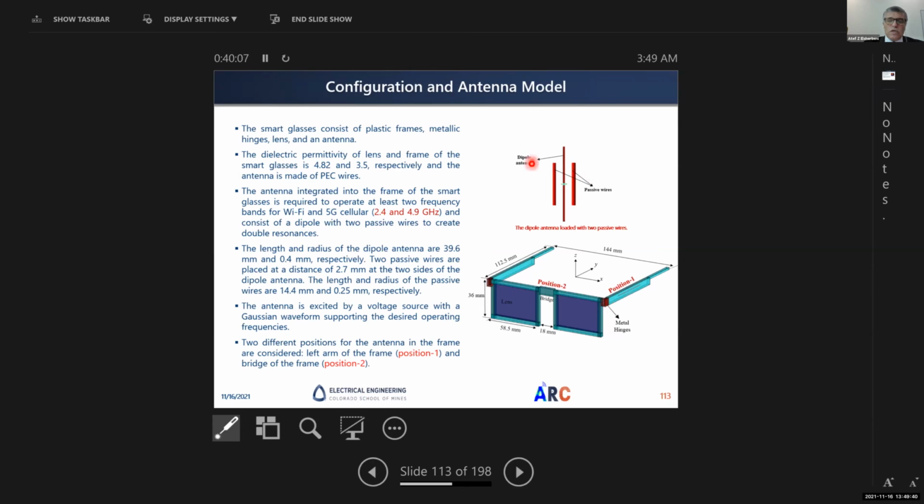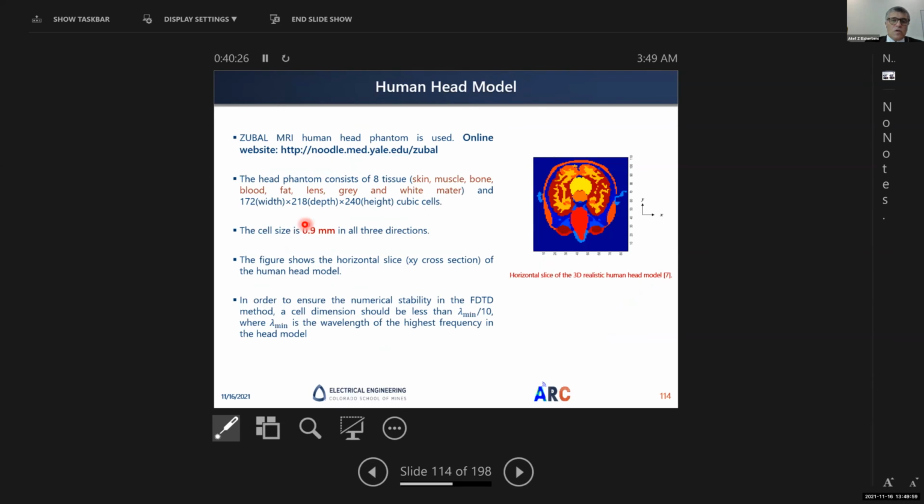And we generated this kind of antenna that works at 2.4 and 4.9 gigahertz, supporting Wi-Fi and 5G cellular operation frequency. And we put them one time in position 2 in the bridge and one time at position 1 in the side arm. And again, in this simulation, we use 0.9 millimeter discretization for the human head tissues.